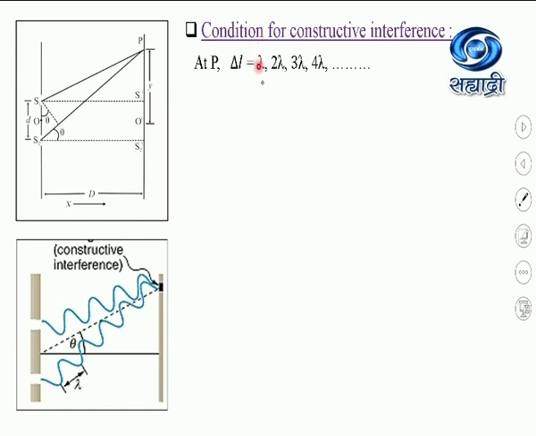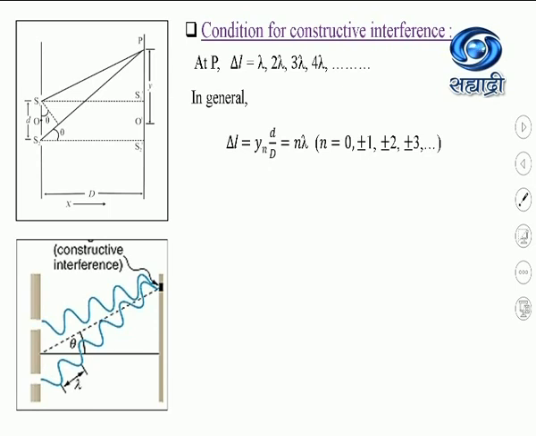When the path difference is lambda, the two waves overlap as crest with crest and trough with trough. Also, when the path difference is 2 lambda, again the crests or troughs overlap with each other. When path difference is 3 lambda, again the same case happens. So these are the path differences for the point P to be bright on the screen.